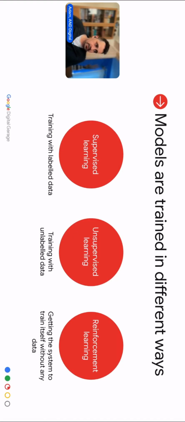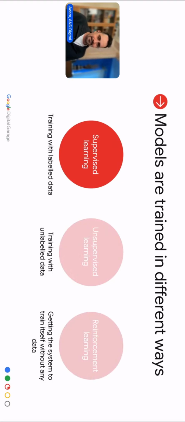I'm going to talk a little bit about unsupervised learning, which is training with unlabeled data. And then I will talk about reinforcement learning, which is getting the system to train itself without any data. But Adam, didn't you say that you need lots of data to do machine learning? Cool, that's good. Hold on to that thought until later.